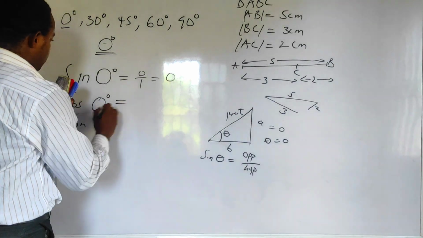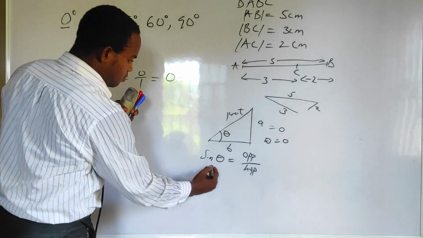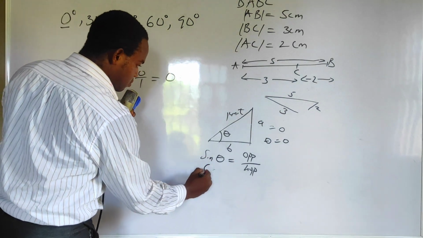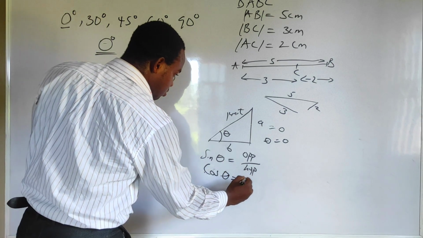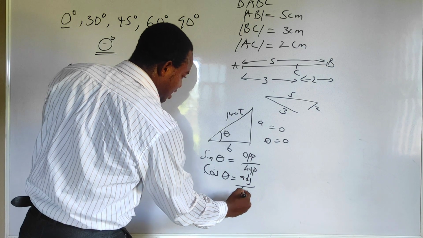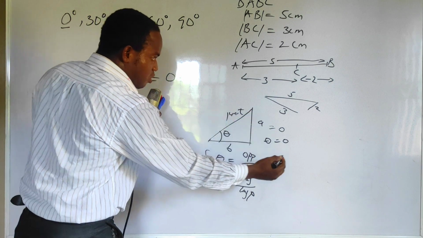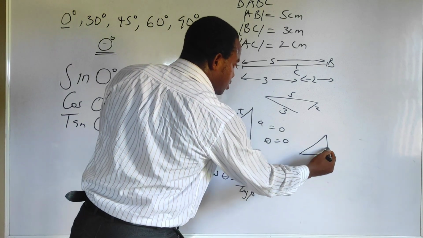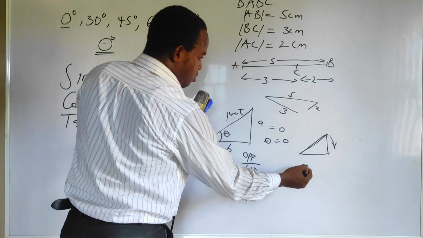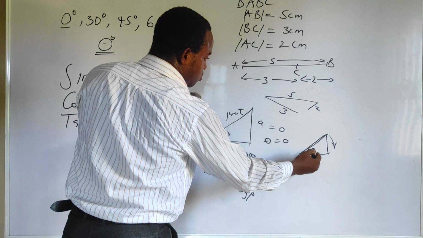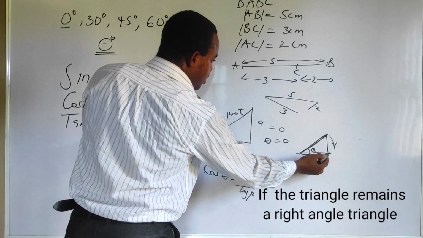And what of cos 0 degree? Cosine theta is equal to adjacent divided by hypotenuse. Now, I want you to notice this. With this triangle, as this line gradually comes down such that this angle reduces to 0 degree, this line becomes equal with this line.